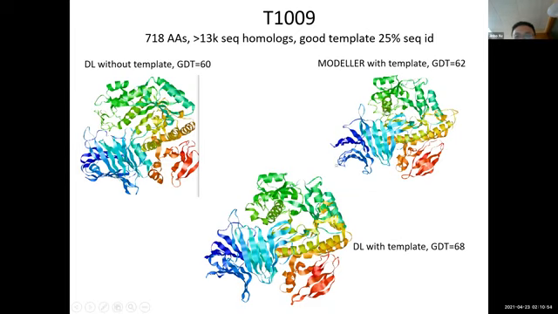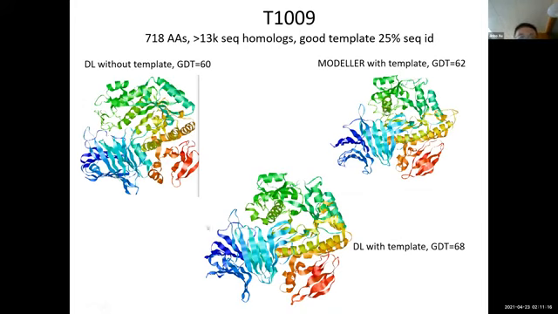Then we combine them together, then we can get a better model. So we combine the templates and the multiple sequence alignment, and then use deep learning. So these two examples show you that for some very large proteins, if you can find reasonable templates, then maybe it's better to combine them with the deep learning method, to improve the model quality.